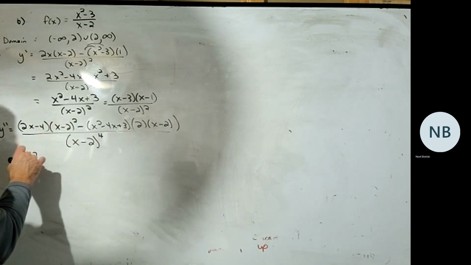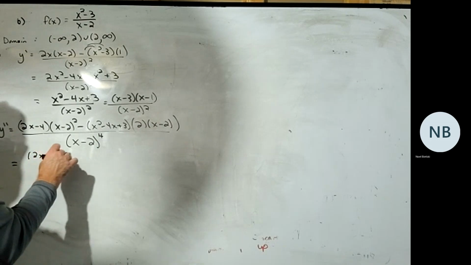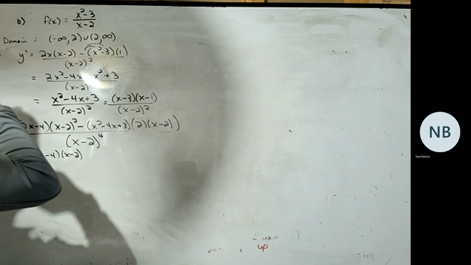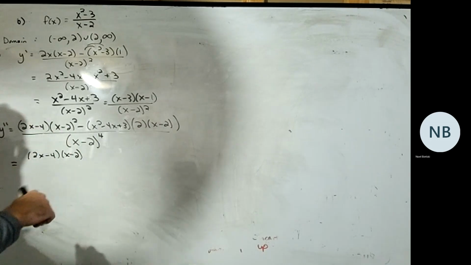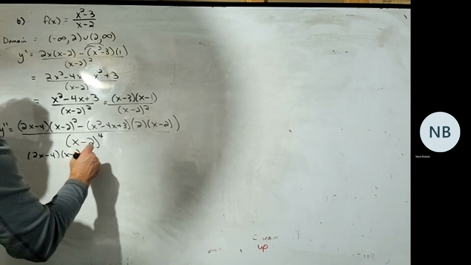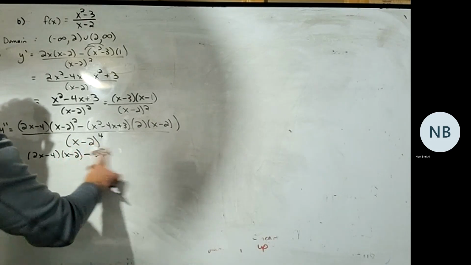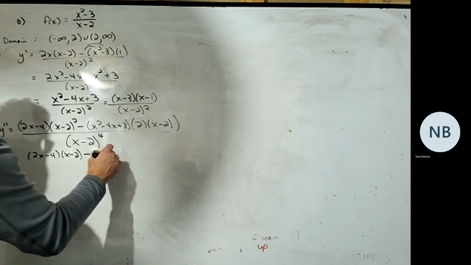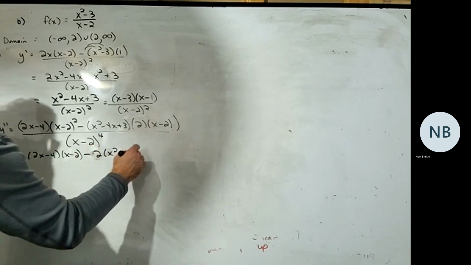So this will be 2x minus 4 times x minus 2, minus 2 times this. Well, that gets to go away. I'm just going to distribute 2 times x squared minus 4x plus 3.